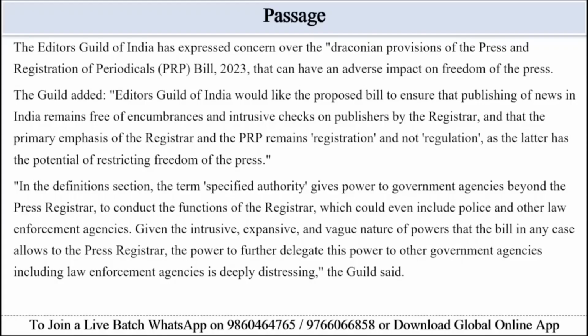In the definition section, the term specified authority gives the power to government agencies beyond the press registrar to conduct the function of the registrar, which could even include police and other law enforcement agencies. Given the intrusive, expansive, and vague nature of powers that the bill in any case allows to the press registrar, the power to further delegate this power to other government agencies, including law enforcement agencies, is deeply distressing.